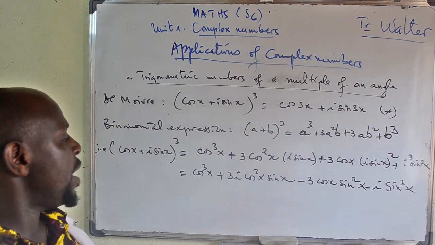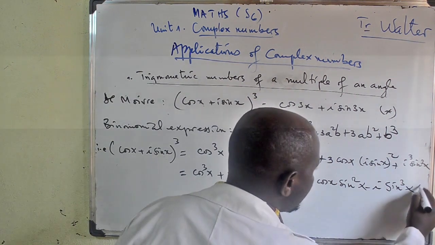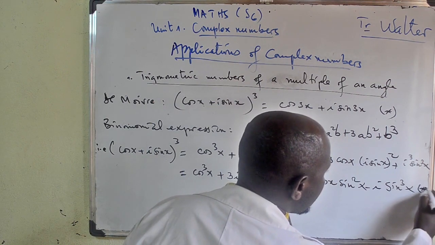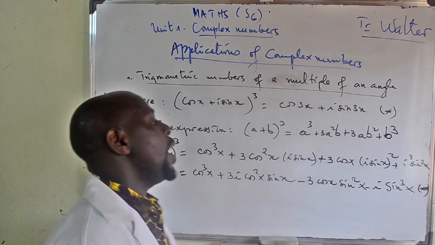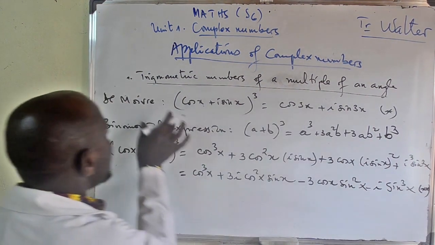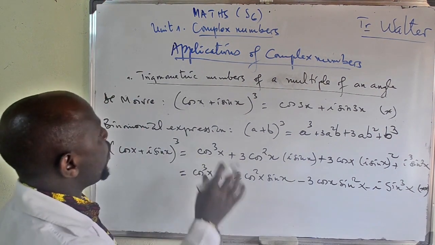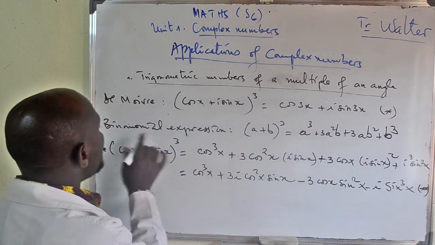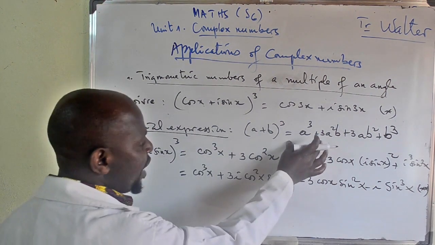Now, ladies and gentlemen, here we have a second expression. Without even going far, I can call this 2 star. We have the first expression, which is here, gotten from De Moivre's formula, and we have a second expression that we have got from the binomial expansion, or the Newton law, which is written here.